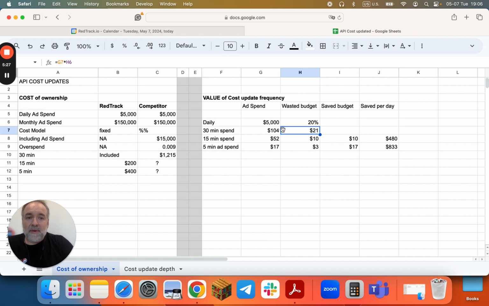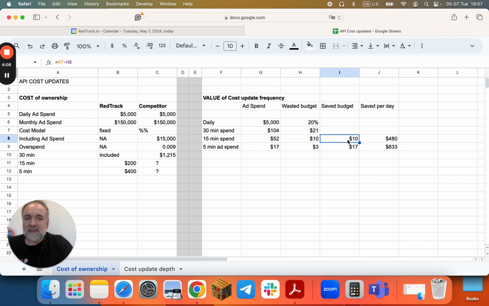However, if you check ad spend every 15 minutes, you identify ad waste sooner and you waste only $10. If you check even more often, like every 5 minutes, you identify ad waste even sooner and generate additional savings of $17 with 5-minute cost updates or $10 with 15-minute cost updates, compared to the standard 30-minute cost updates.